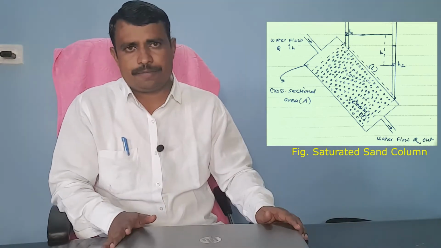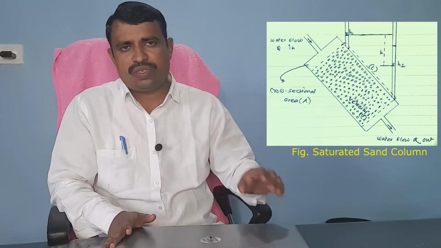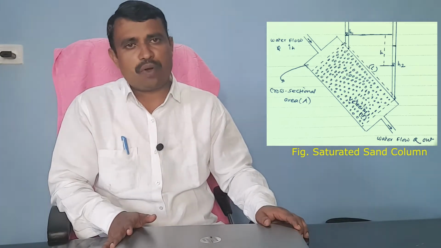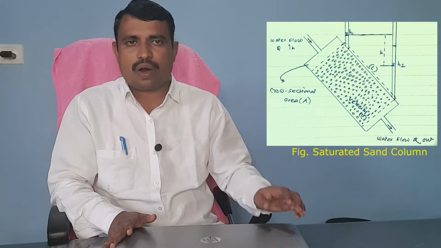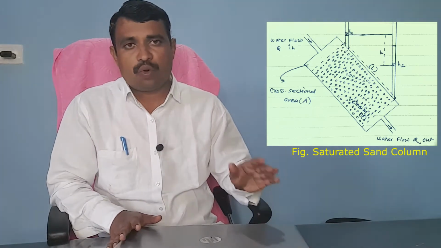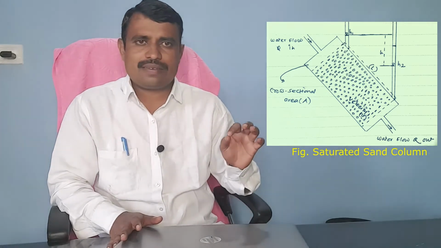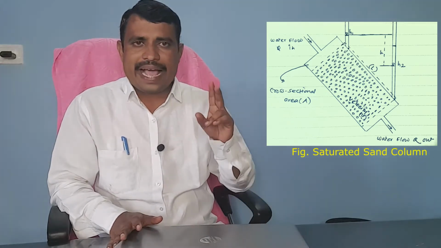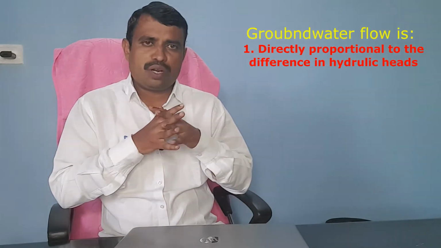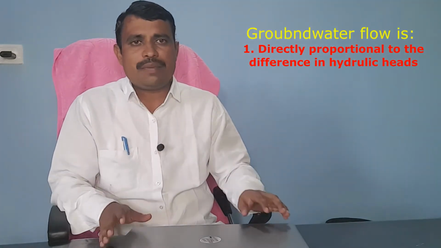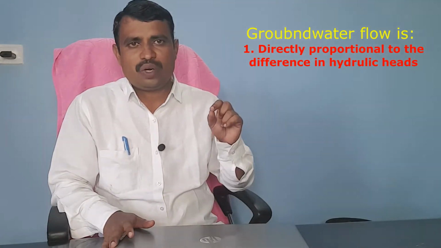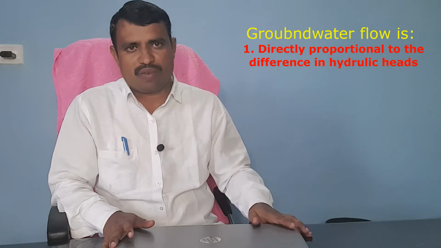According to Darcy, when water is flowing through this saturated column, he stated two important things regarding groundwater. When groundwater is flowing through the porous medium, or the aquifer, the flow is directly proportional to the head difference between the two points at the ends of the column.